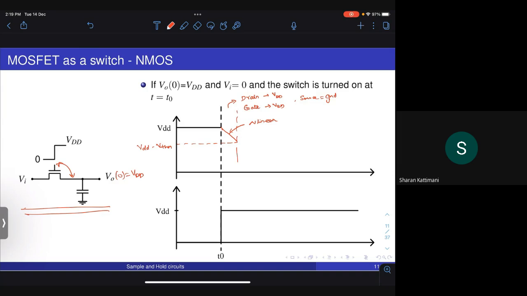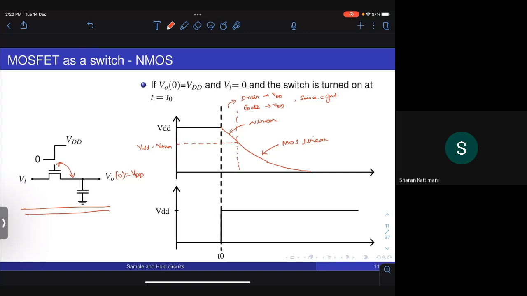Once it drops to less than VGS minus VT, then the transistor goes into linear region, and then the discharge is more or less like how a simple RC circuit would discharge.